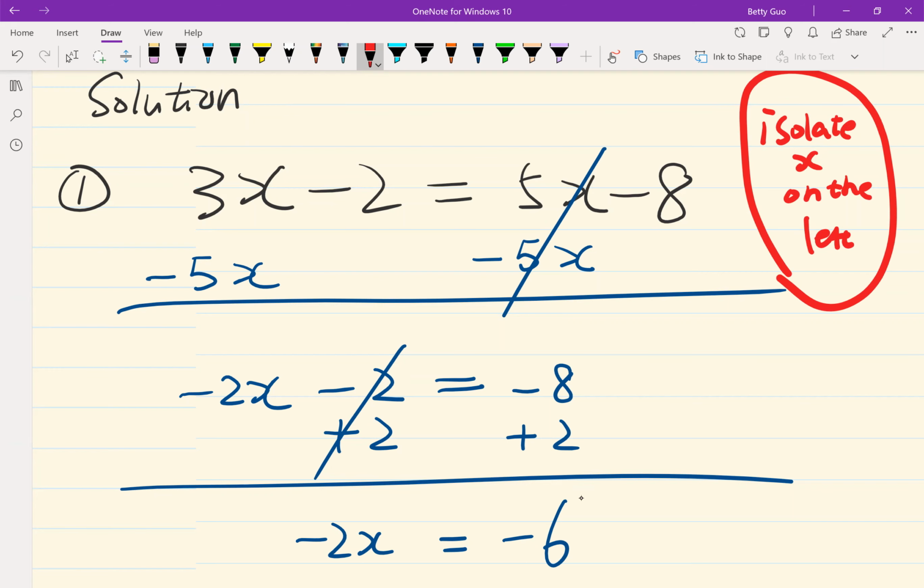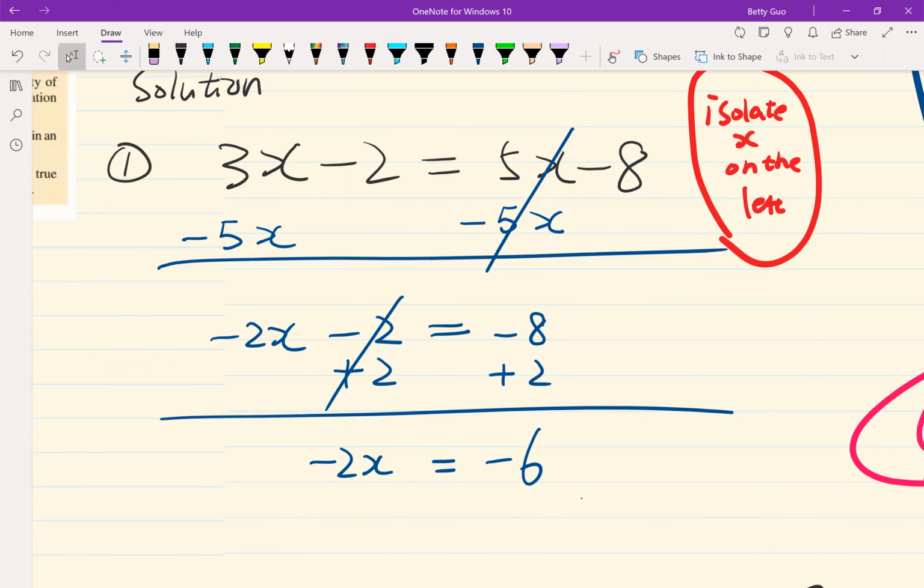So how do we isolate x? Divide by what? Perfect, -2. Cancel, cancel. We have 1. x is isolated. On the right, what is -6 divided by -2? +3. Awesome. So from the guideline, the last step is better.